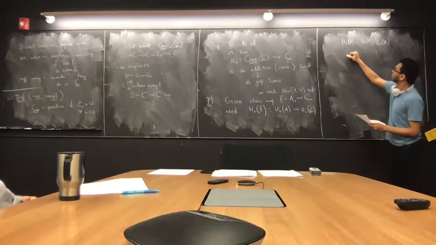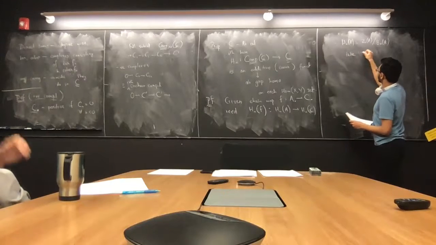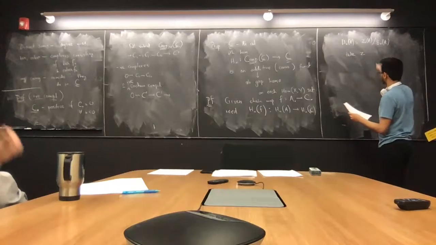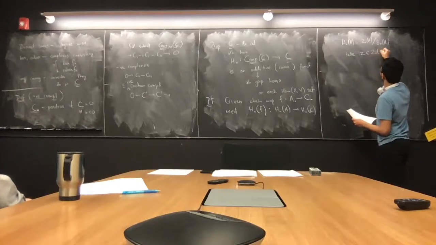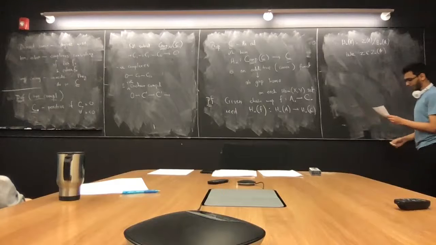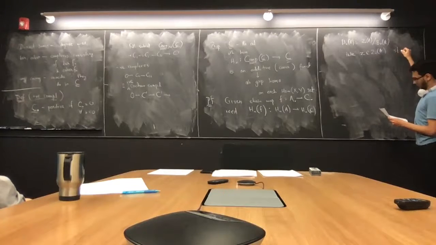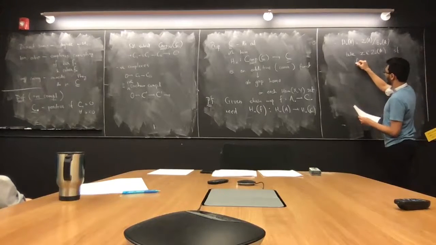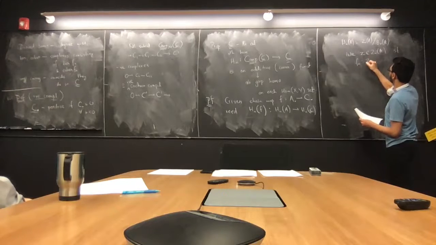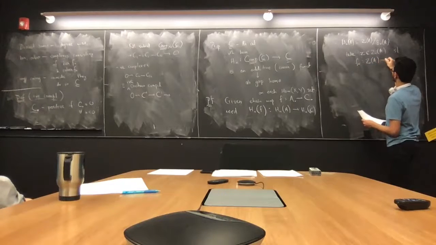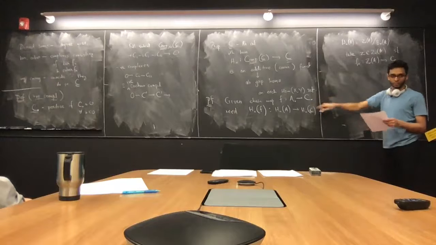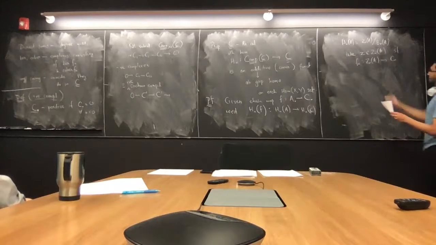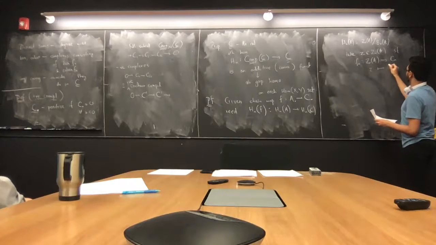Suppose we take some element Z in Zn(A), such that the map Fn from Zn(A) into Cn, the nth object in this chain complex, takes Z to Fn(Z).